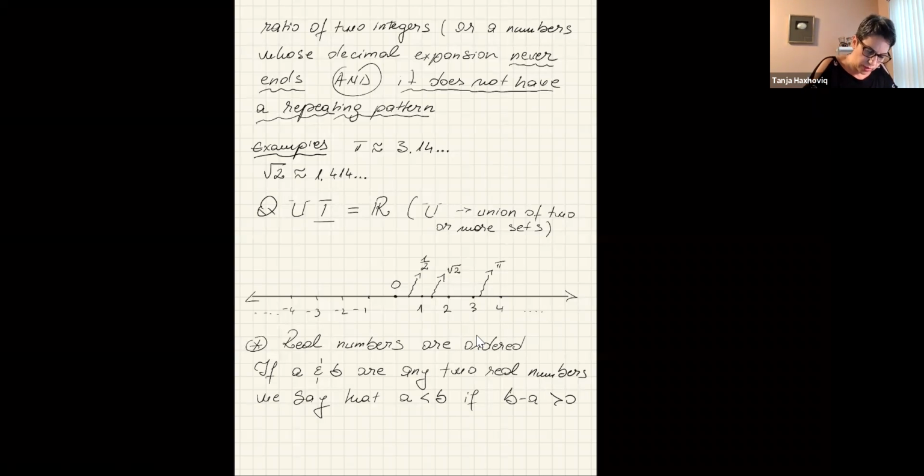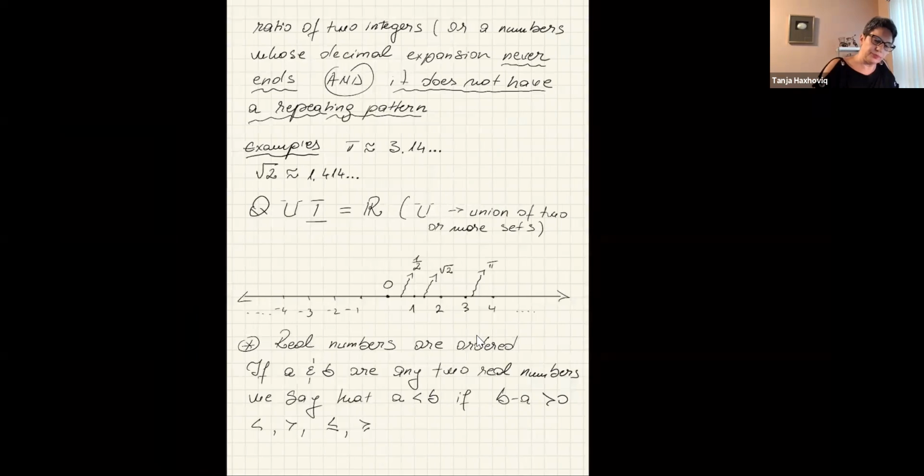The same goes for greater than, less than, greater than or equal, less than or equal. Here's an example. A less than B geometrically means that on the real line, A is positioned to the left of B. Okay.